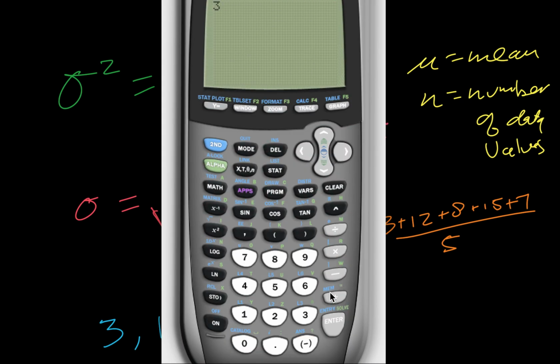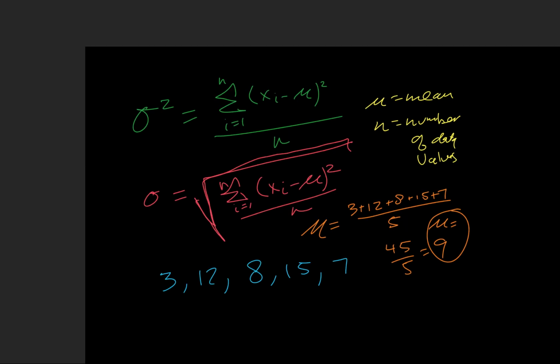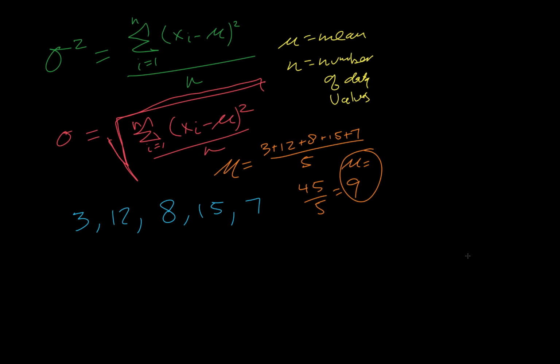So 3 plus 12 plus 8 plus 15 plus 7. So we get 45 over 5, which is going to be 9. Now, that's our mu. So in either of these equations, wherever we see mu, we're going to use 9.